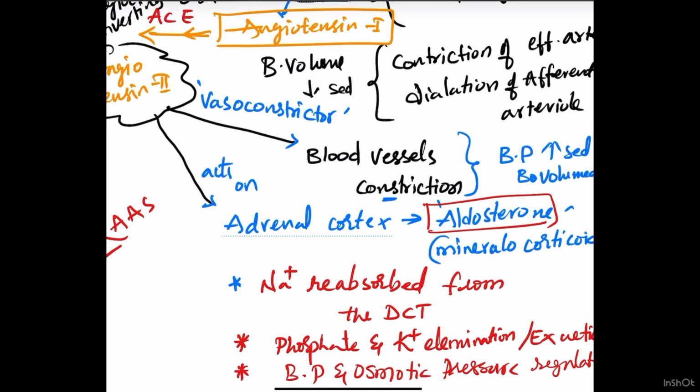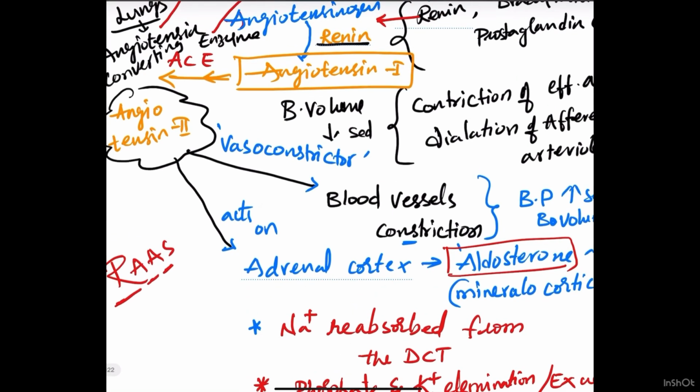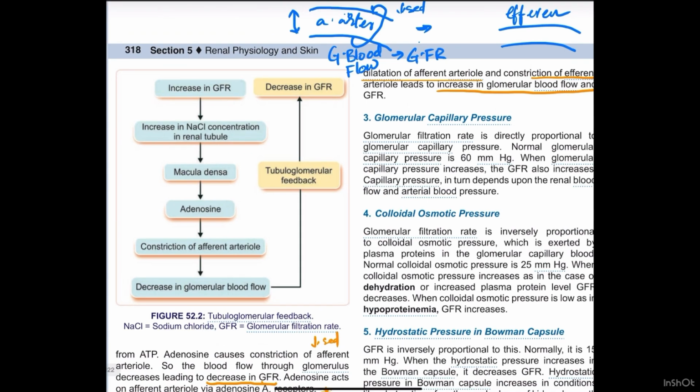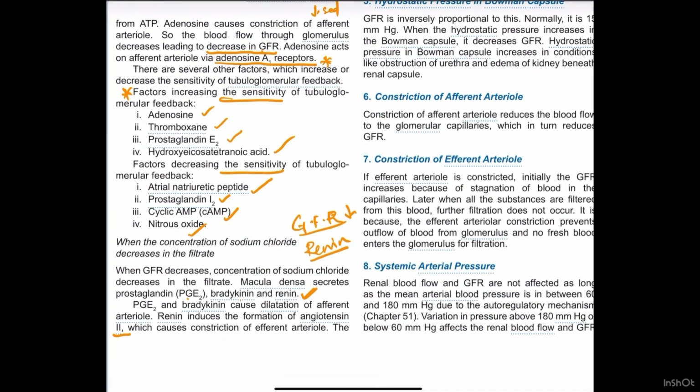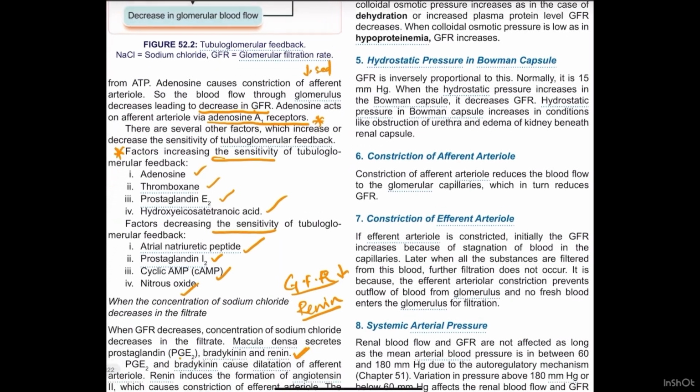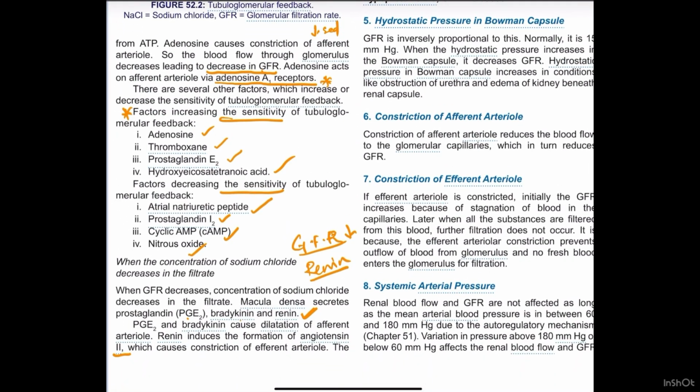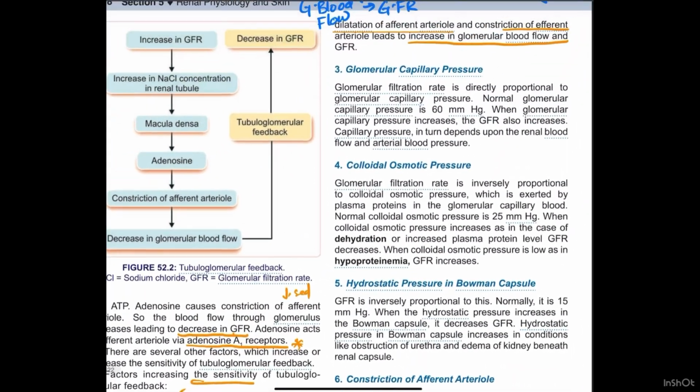R for renin, A for angiotensin, one more A for aldosterone, and this is the system. Through this it is going to be controlled. Hope you got this, right? So you understood the RAAS mechanism now.